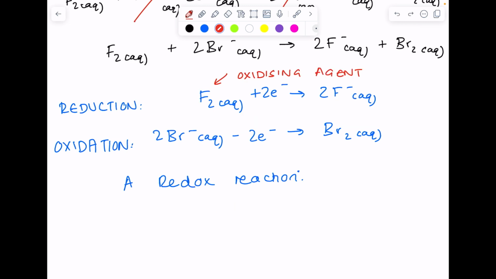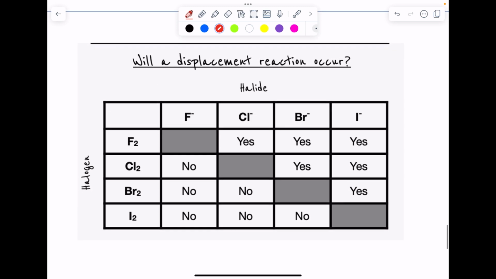Remember, they could ask you about colour changes. So in this case, that bromine will be orange. If chlorine had been produced, it would be pale yellow or green, and then iodine would produce a brown solution. So here's a summary of all the halogen displacement reactions. So remember, a more reactive halogen will displace a less reactive halogen from its compound, which is why you always get a reaction with fluorine, because it's the most reactive.